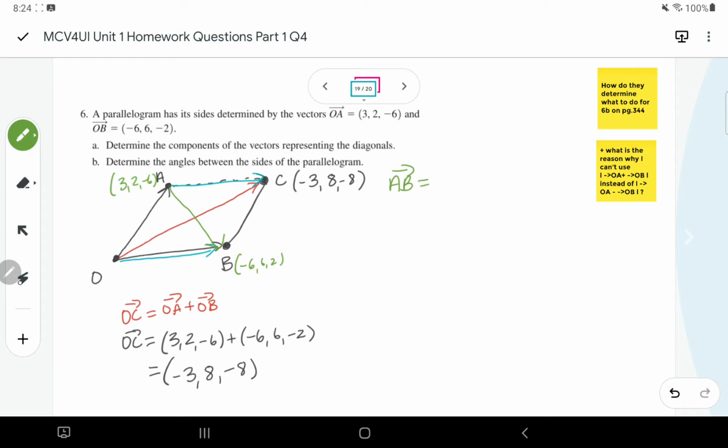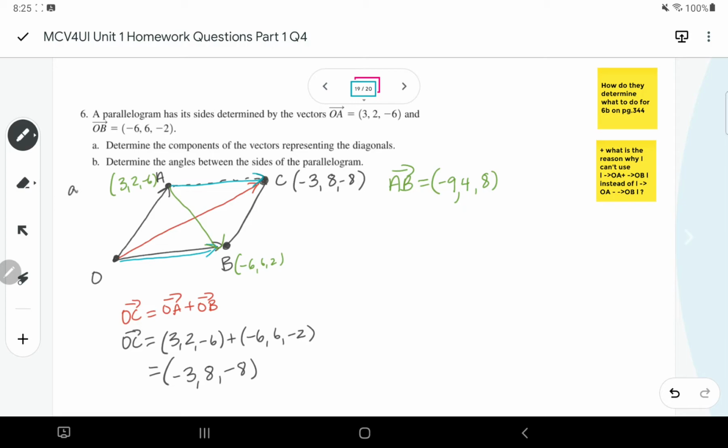So the ending minus the starting point. For the X, I've got negative 6 minus 3, so negative 9. For the Y's, I have 6 minus 2, which is 4. And for the Z's, I have 2 minus negative 6, which is positive 8. So those are the diagonals of the parallelogram.